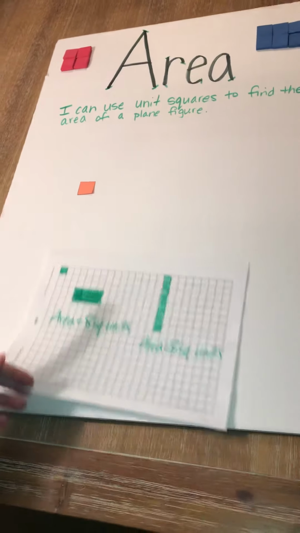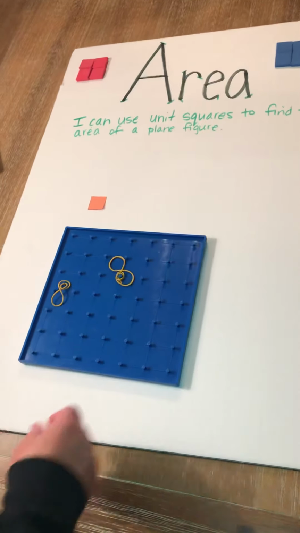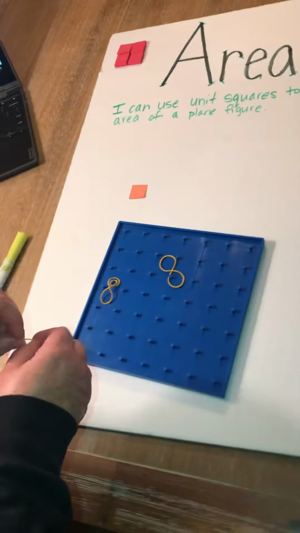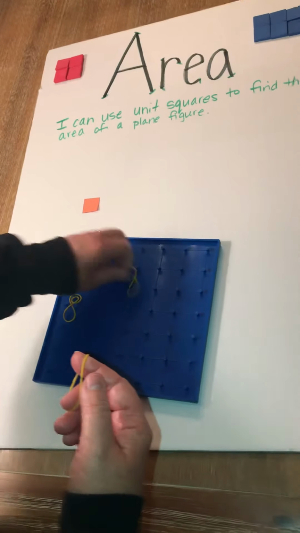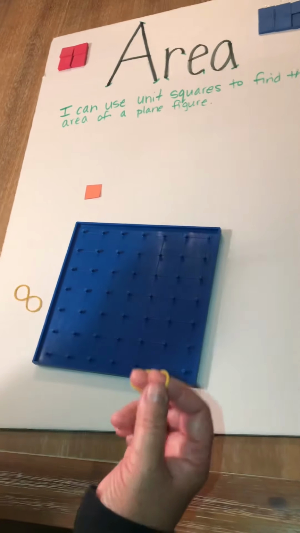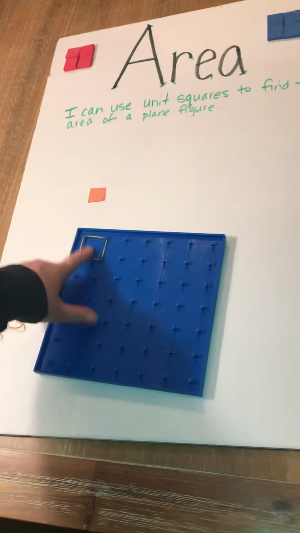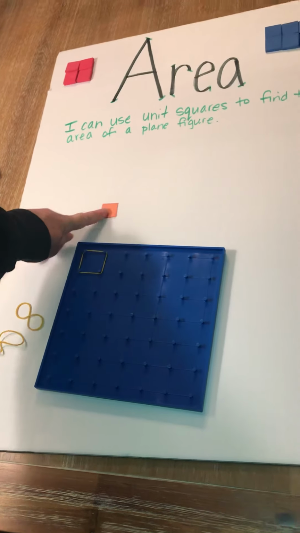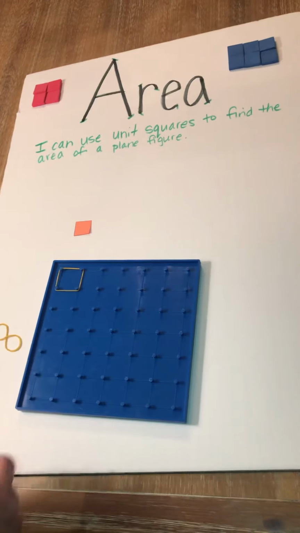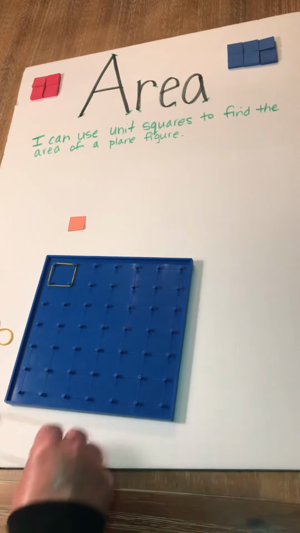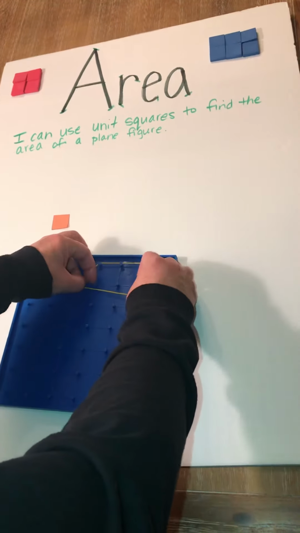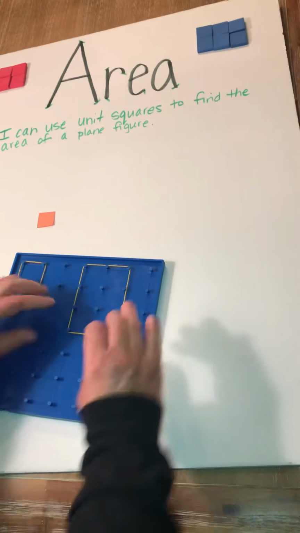Now, another way to find area is on this. And I know you've seen these before. This is called a geoboard. And I know that if we were in school, you would love it because then you could flick the rubber bands. Again, this is 1 unit square, just like this. I'm going to make a shape that has an area of 6. 1, 2, 3, 4, 5, 6.